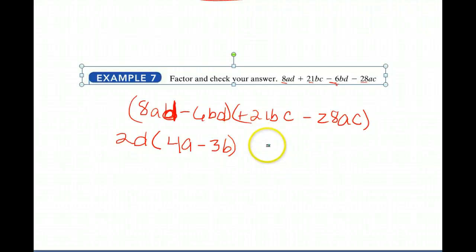For my next group, 21 and 28 are both divisible by 7, so I'm going to factor out a 7, and they both contain a C, so I'm also going to factor out a C. All in all, we're factoring out a 7C. So 21BC divided by 7C leaves me with 3B.